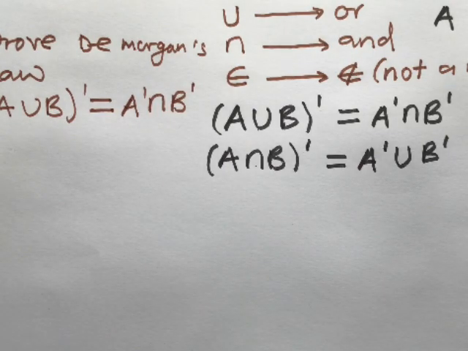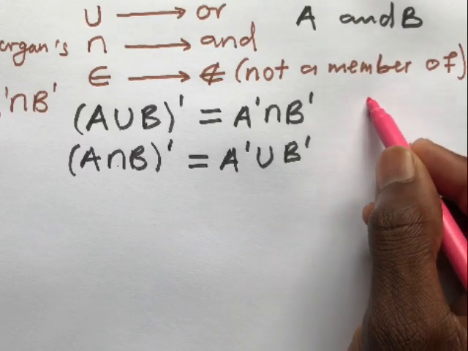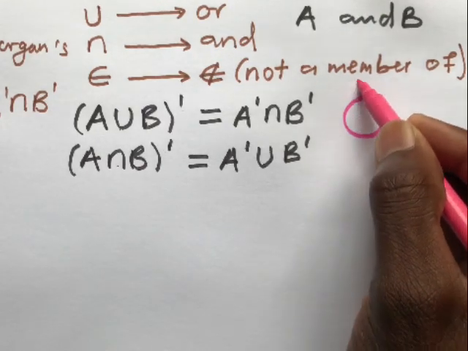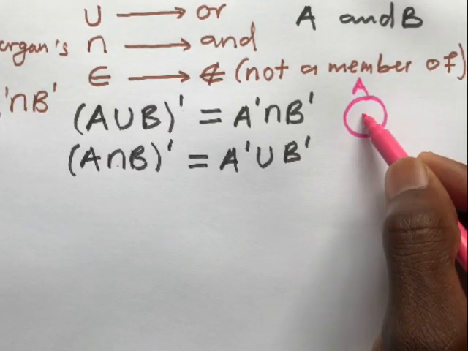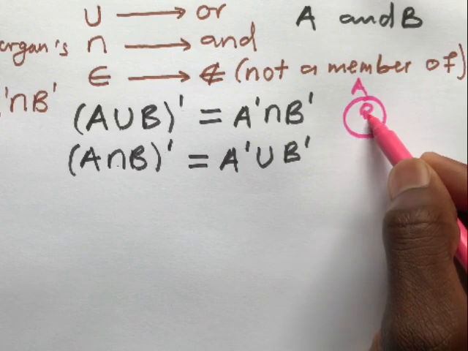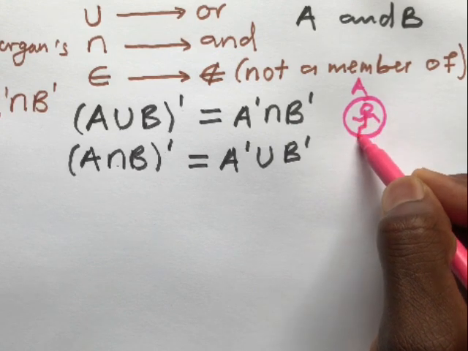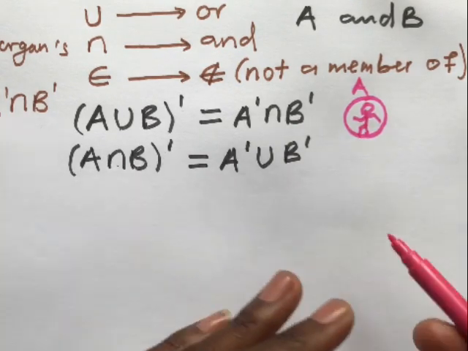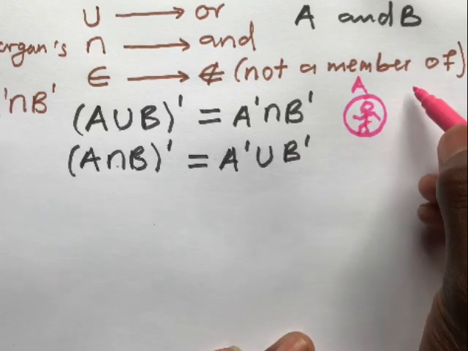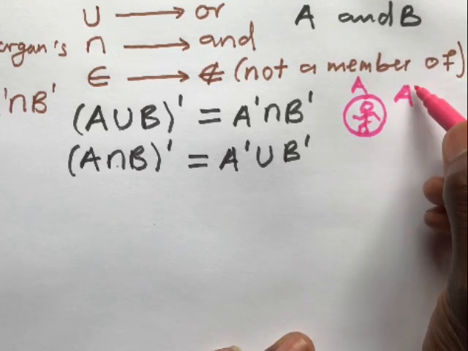So we have a lot of steps that we should be able to notice. Let me give you a simple example first. If myself, I'm part of set A, I'm found here. This is a person. If I'm located in set A, do you think I'm going to be part of set A complement?